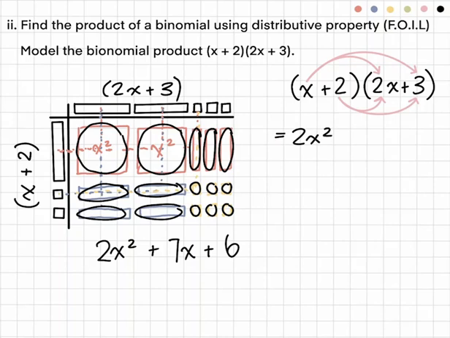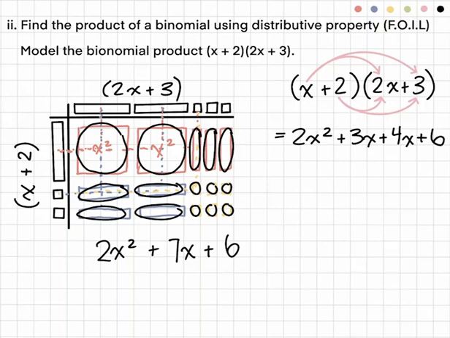Okay. Then I have x times 3, which is 3x. Then I have 2 times 2x, which is going to be positive 4x. And then I have 2 times 3, which is going to give me positive 6.